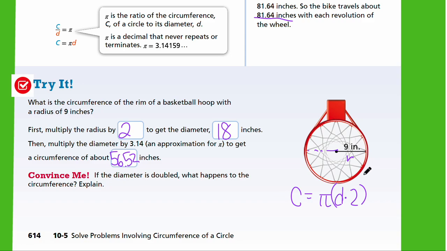Yeah. So whatever the diameter is, you multiply by pi and you get a circumference. So if you say, okay, this is really 2 times r, if you have a radius, you could break it down to 2 times r. So yes, the circumference is also double. Let me type that.